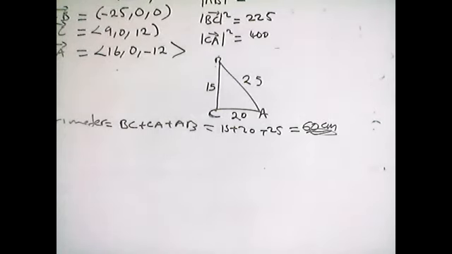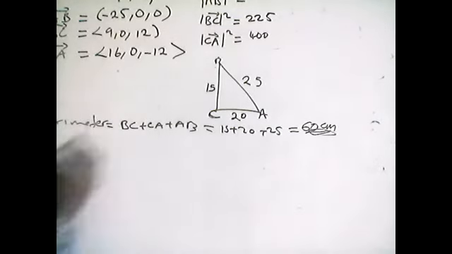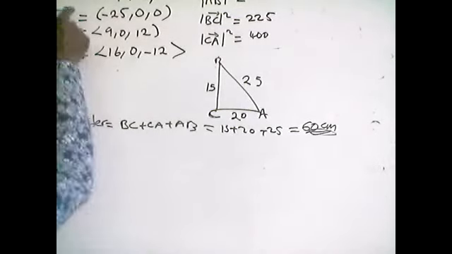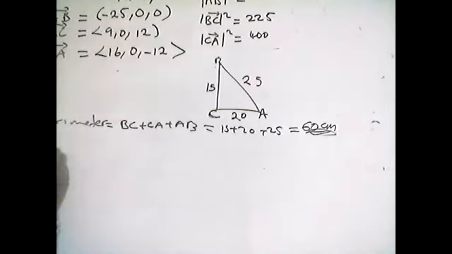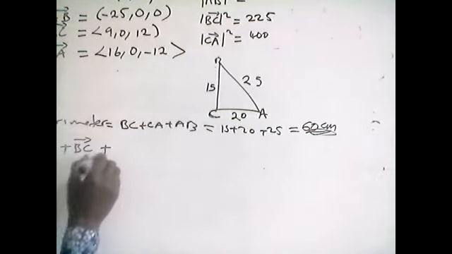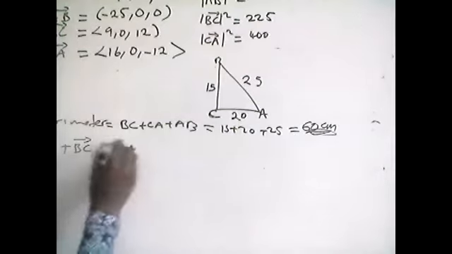Or we can use vectors, where we add AB vector plus BC vector plus CA vector.